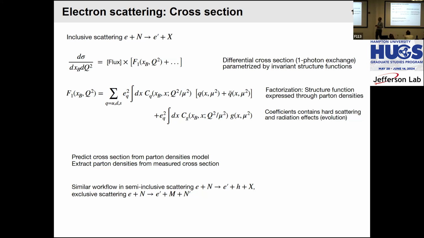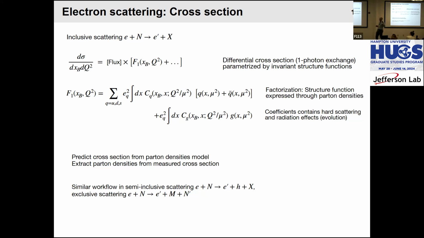But what you say is absolutely correct. The structure function is essentially the cross section, it is observable. It does not depend on the scale. The scale is an artifact that comes in because we do this factorized description, and we have to limit the transverse momentum content of our hadrons somewhere.